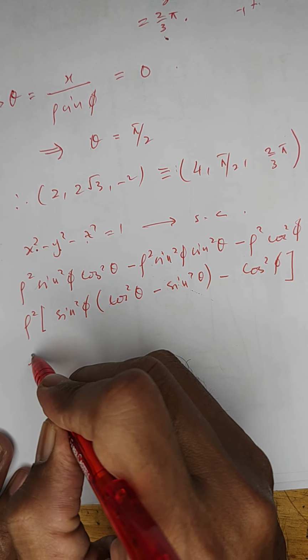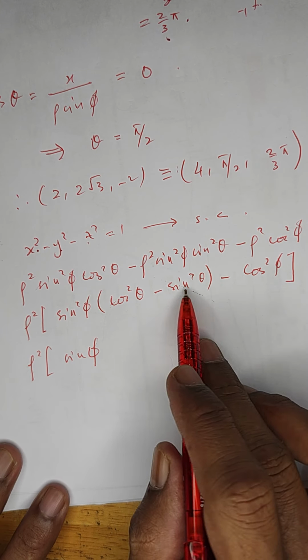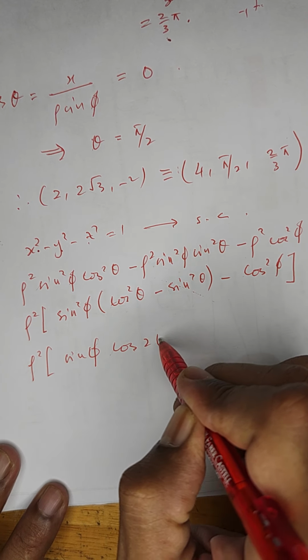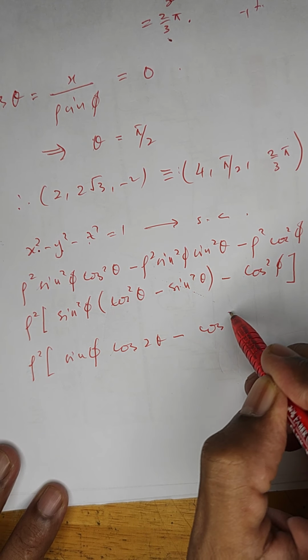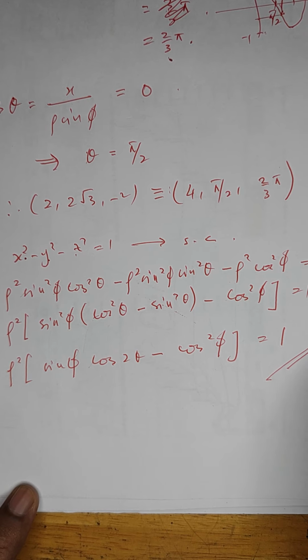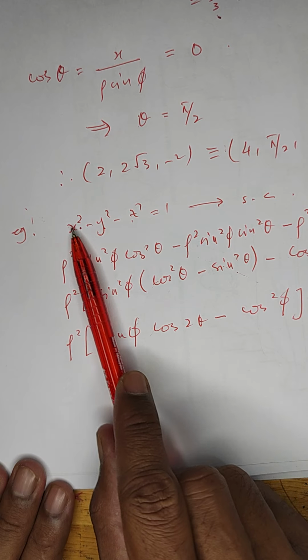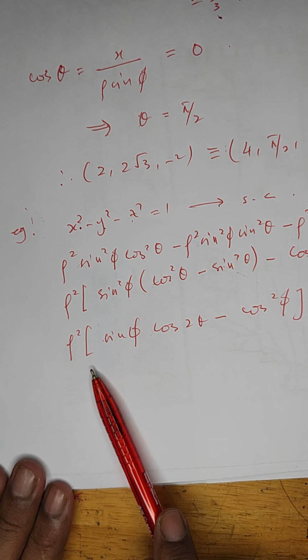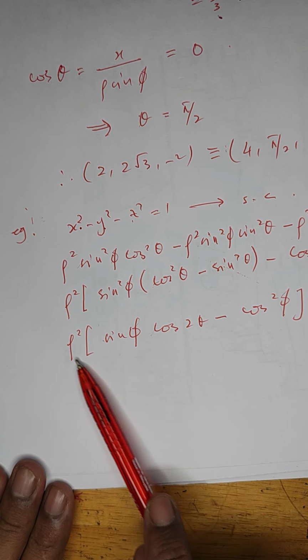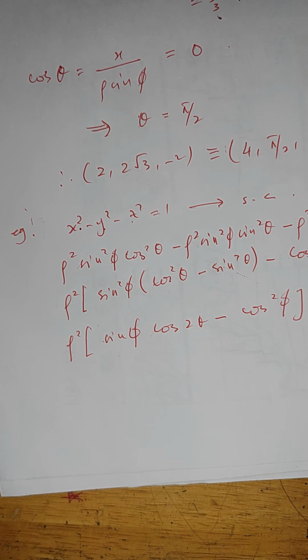Okay, then rho squared times sine squared phi cos 2 theta minus cos squared phi, that equals 1. So this is your equation. So this equation in rectangular coordinates is transformed into an equation in spherical coordinates. So they are equivalent, representing the same graph or the same diagram.